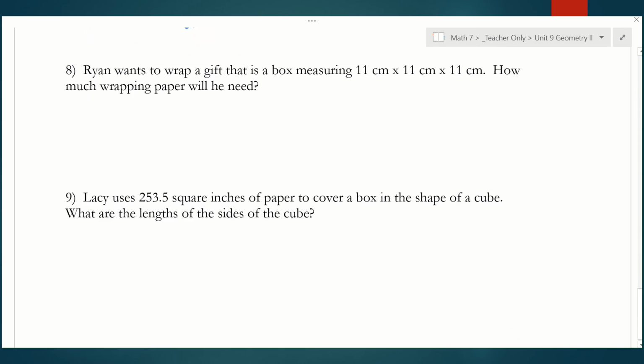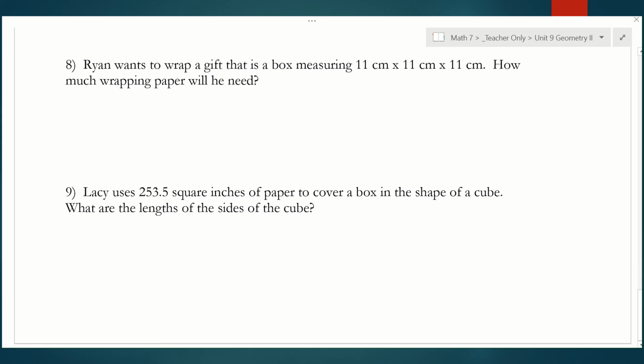All right, number 8, Ryan wants to wrap a gift that is a box measuring 11 by 11 by 11 centimeters. How much wrapping paper will he need? Okay, well, since we know the box has all 3 of the same dimensions, we know this must be a cube. Okay, so try my best to draw a cube here.